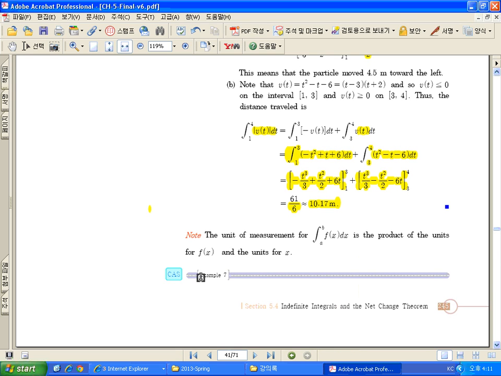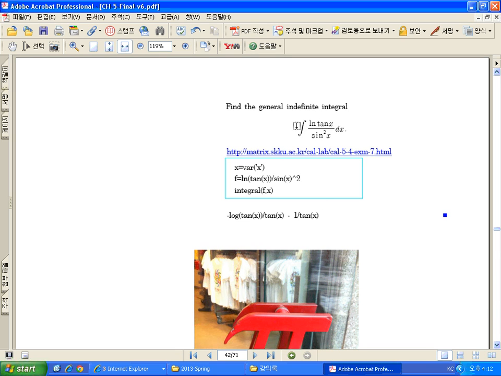And the last example is to find the indefinite integral of this one. Okay.